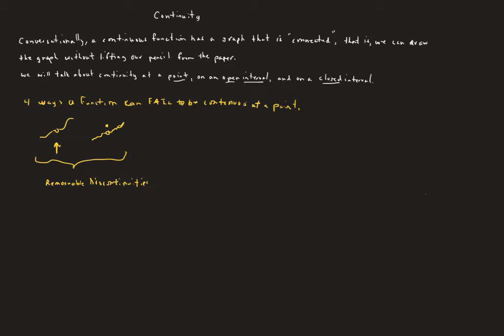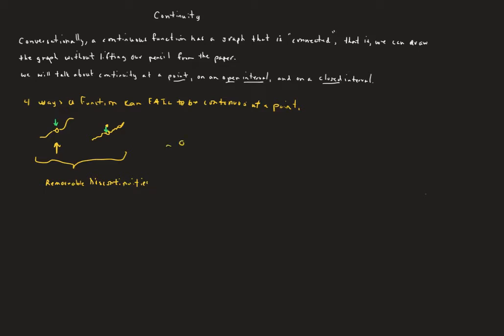You could fix that place where it's not continuous by just redefining the function at one point. So if we just redefine the function at that point, then we could make it be continuous. Likewise, if we would redefine the point here and move that point down, it would fix the discontinuity. And so that's what we mean by a removable discontinuity.